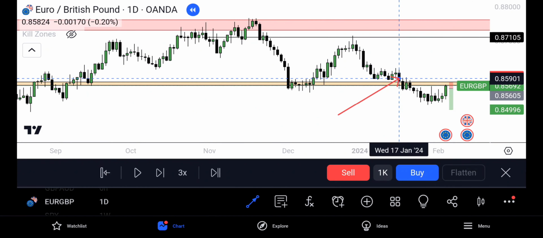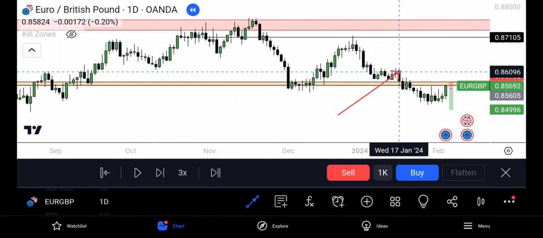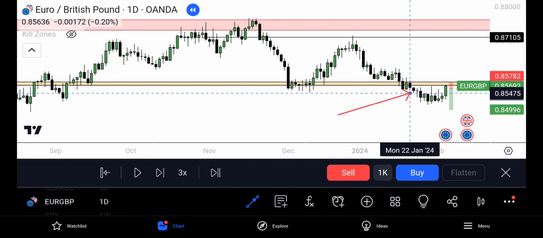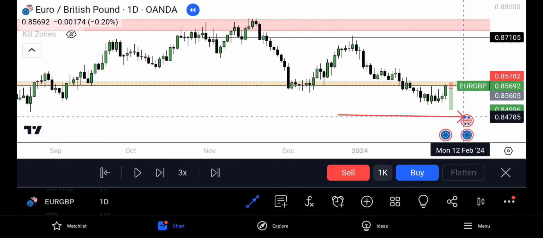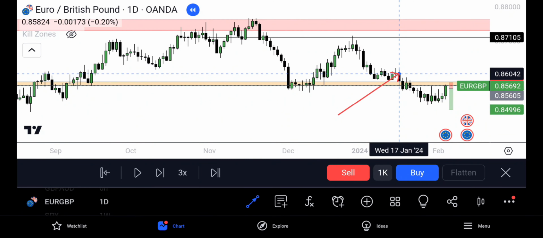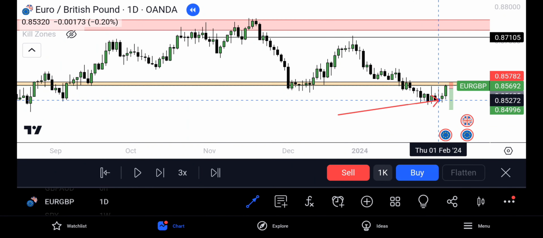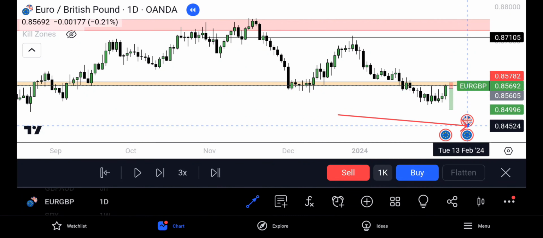And then when it came back again to form another support here, it failed to support, and then it broke through the support. And you guys know that whenever price breaks through a support level, it turns the support level towards resistance to move lower, right? And you can see that here, the moment price broke through this, we are expecting that price will come back here to turn here towards resistance and resist from that level.